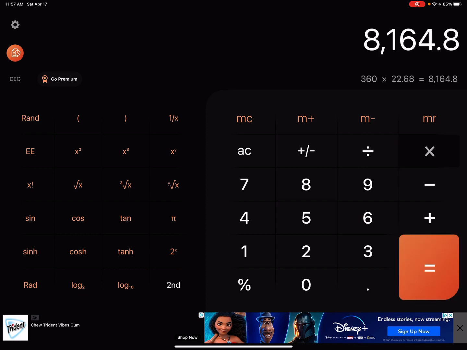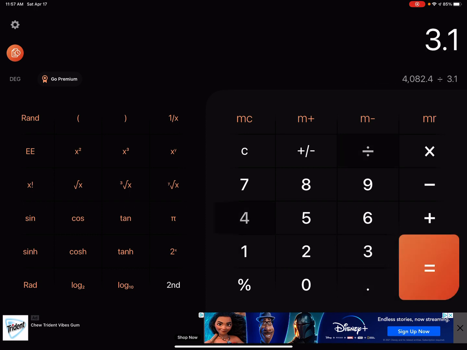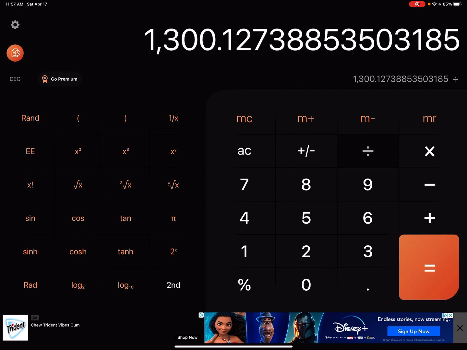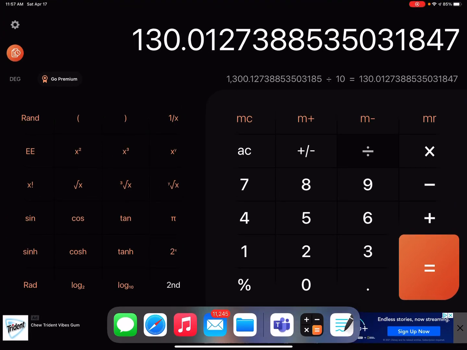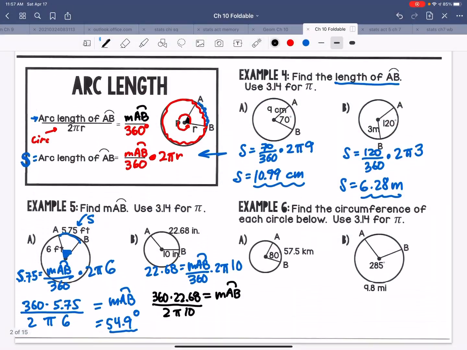We multiply, divide by 2, divide by pi, divide by 10. About 130, okay. So it's about 130 degrees. And we say, oh, okay, yeah, that's about 130 degrees. We know that a third of 360 is 120, so that's close to that angle.